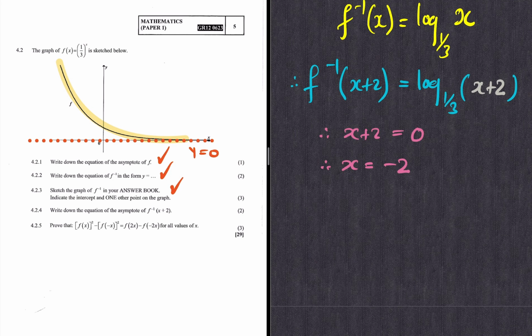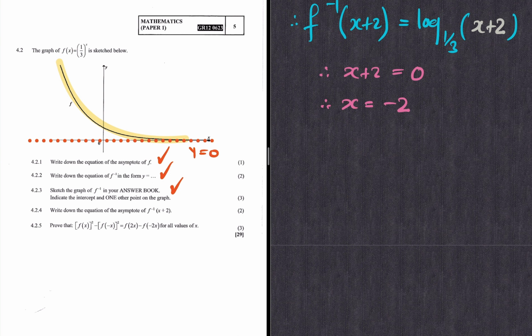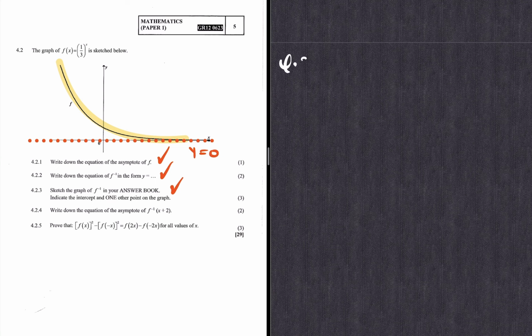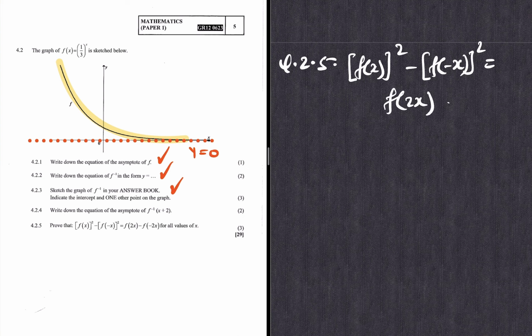Allow me to go to the next question for the benefit of time. Okay, 4.2.5: prove that f of x raised to the power 2, minus f of negative x, that stuff there, is equal to f of 2x minus f of negative 2x.